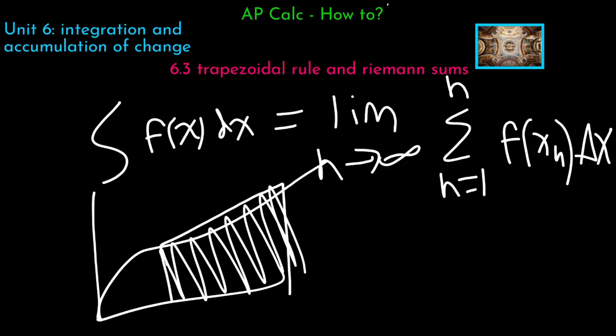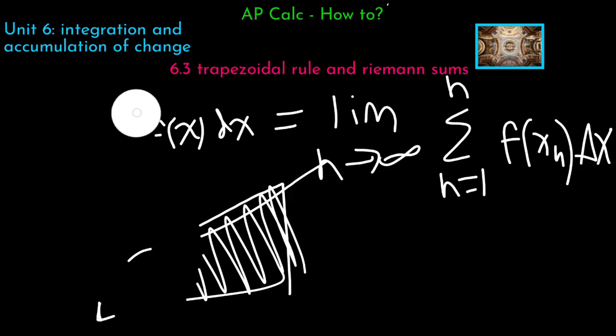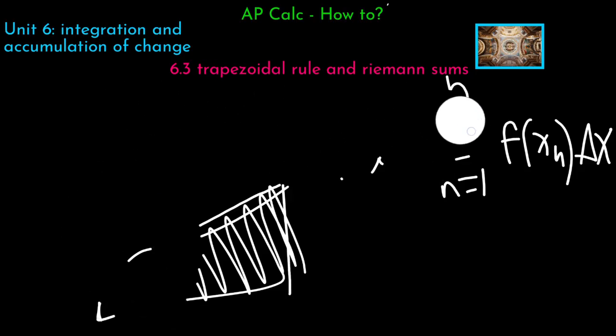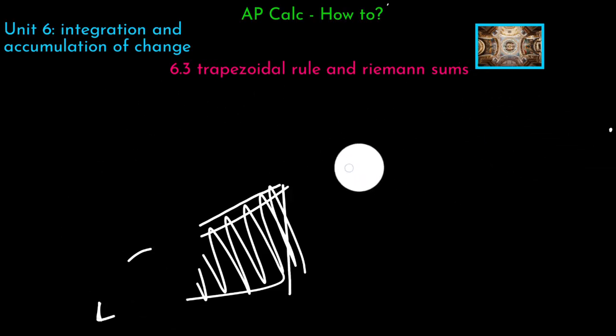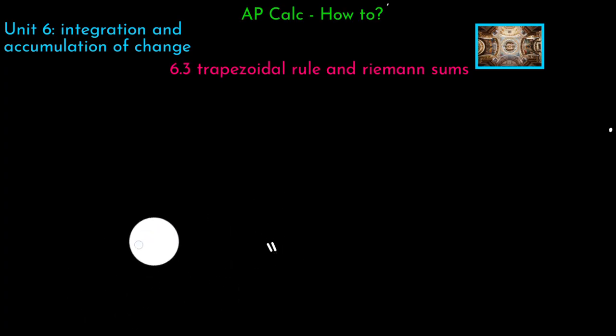So our formula looks something like this. You can write it down in your notebook. If the interval A to B is divided into n equal parts of width delta x, then it'll be something like this.